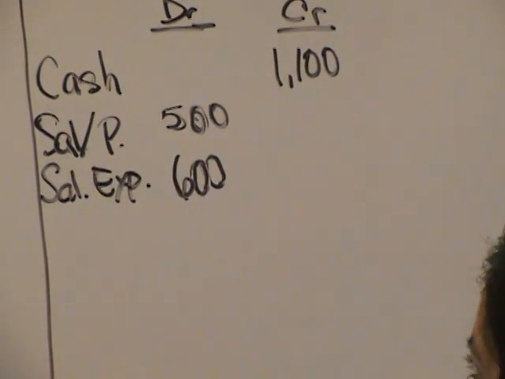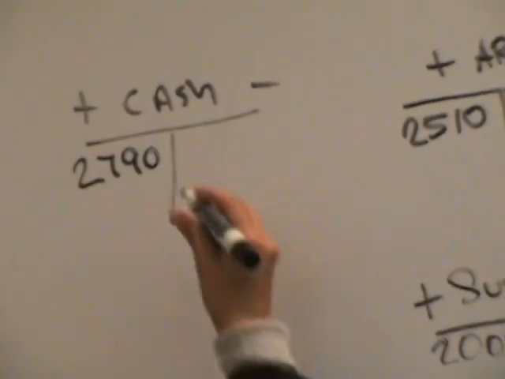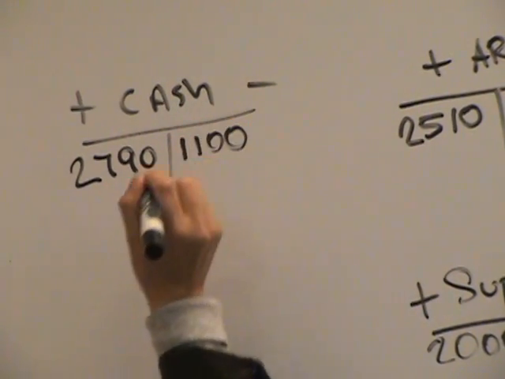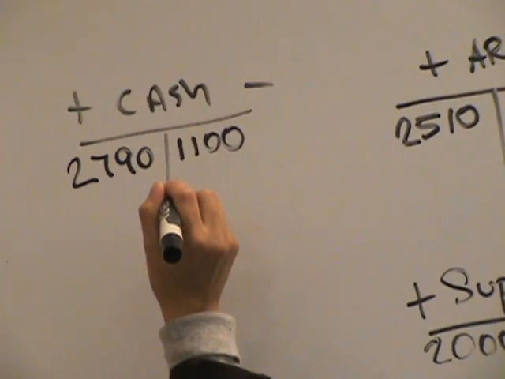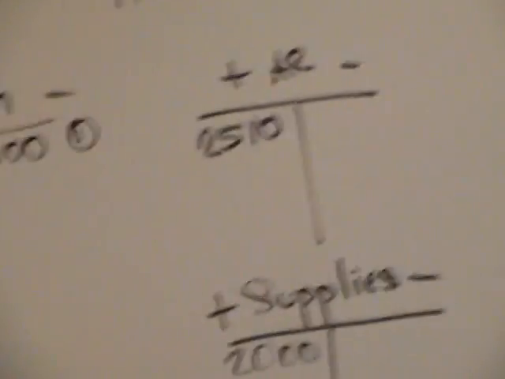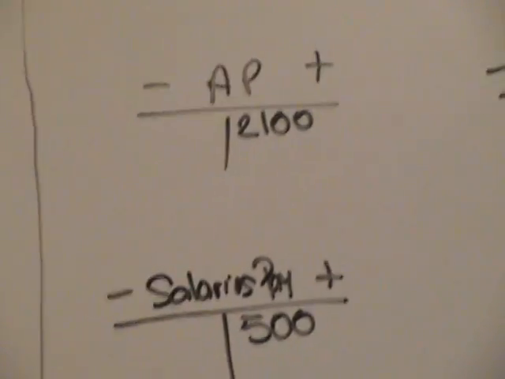All right, now post to our T accounts. We post from top to bottom. So post to cash first, which is 1,100. Put a little 1 with a circle around it to the right of it. Just like that. Very good. Now go post down on our other piece of paper. Angie's doing it on paper.